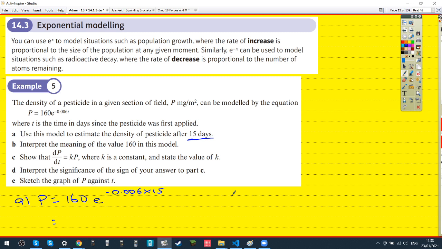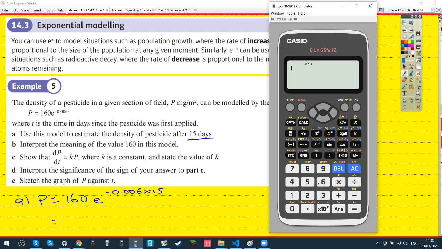In fact, I'd put the whole thing in because it's a real world thing. Just a normal calculator for now, like 160. Shift ln is e. It's under the x button. Minus.